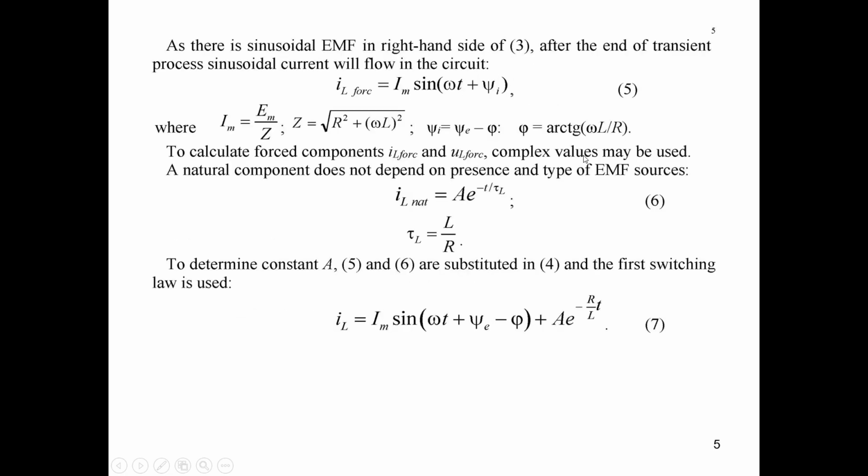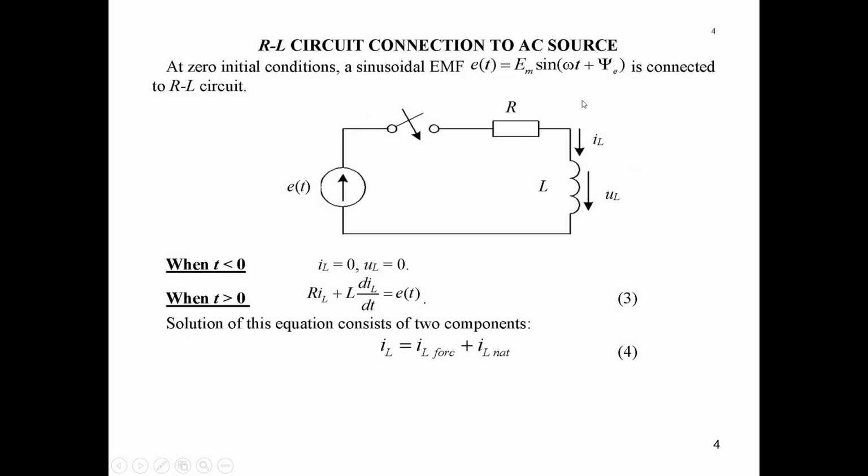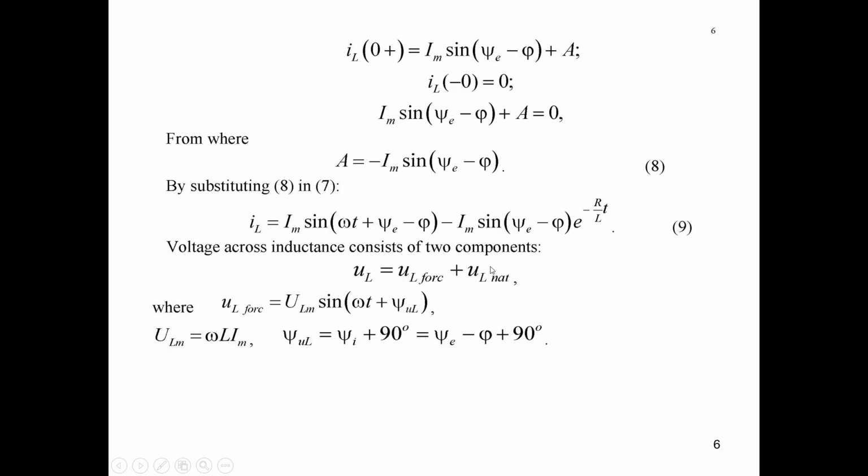We know that for such a problem this source is disconnected from the RL circuit, so IL was equal to 0 and UL was equal to 0 for all time just before commutation. So we can write down that IL from 0 minus equals 0.